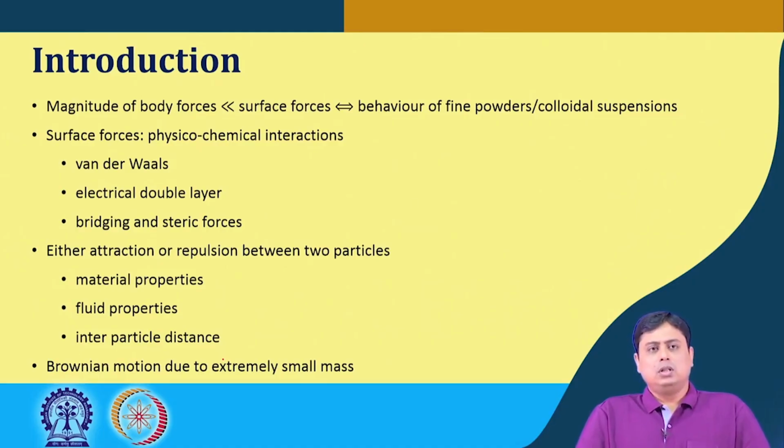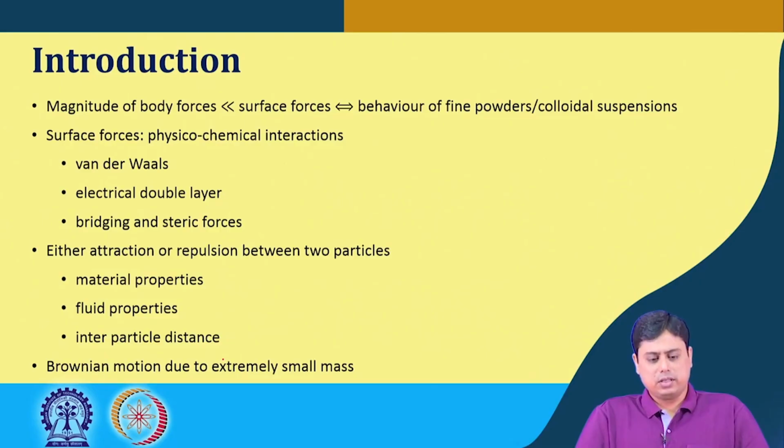Now, as I am repeatedly mentioning, this magnitude of body force is much lesser than the surface force, and that dictates the behavior of these nanopowders or the colloid suspensions.